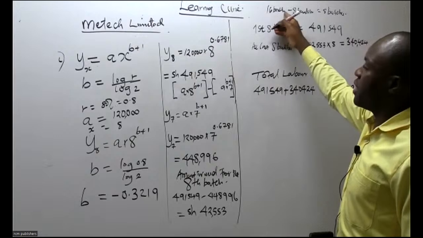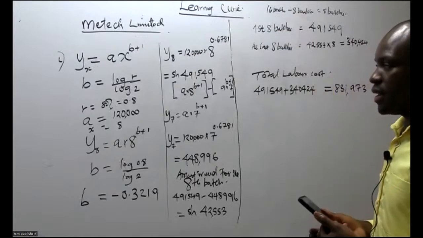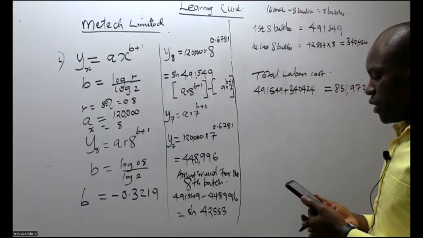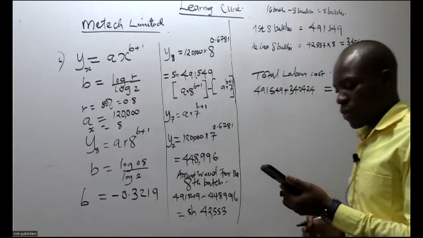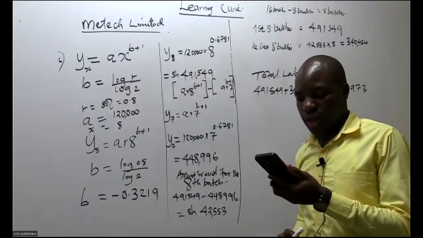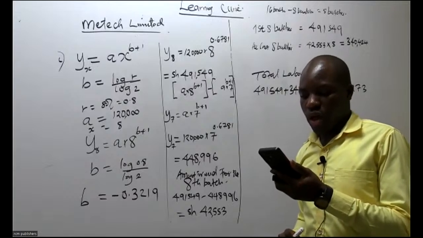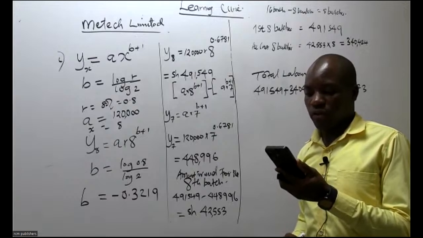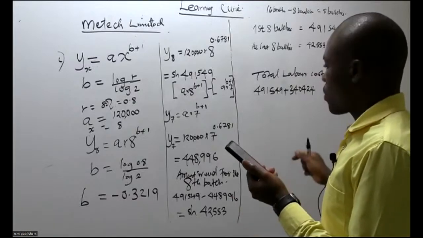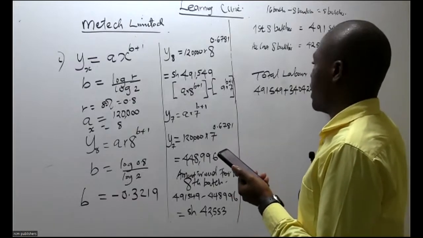And remember, these 16 batches has got how many units? 16,000 units. So what do they want us to do there? We are being told the required contribution to be earned from the product over its useful life. So we've incurred this amount as the labor cost.